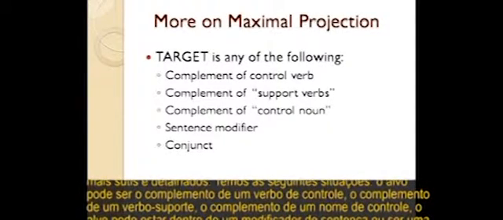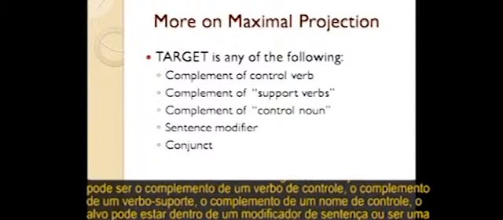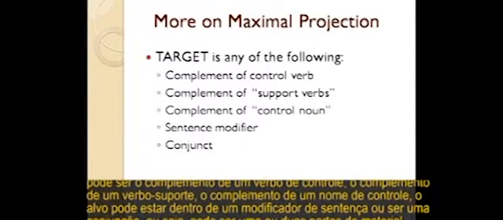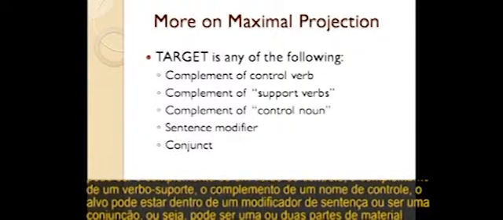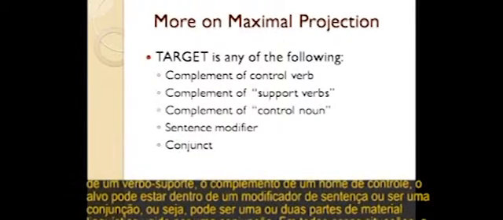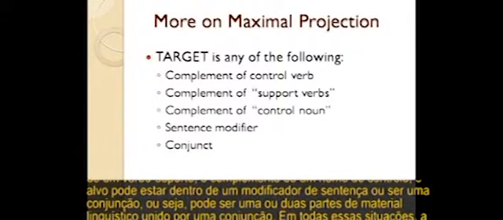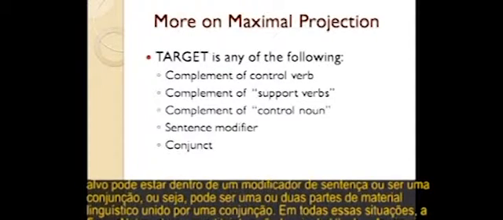So we have the following situations. The target could be the complement of a control verb. It could be a complement of what we call a support verb. It could be the complement of a control noun. The target could be in a sentence modifier.